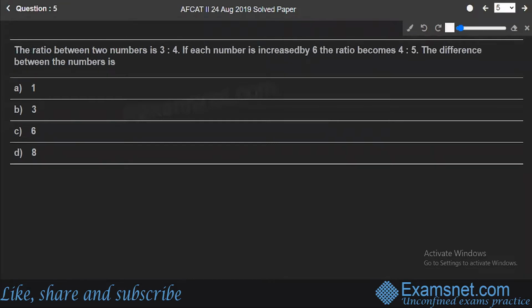Question number 5. The ratio between two numbers is 3 and 4. So let's first of all assume the two numbers as, let the first number be 3x and the second number be 4x.